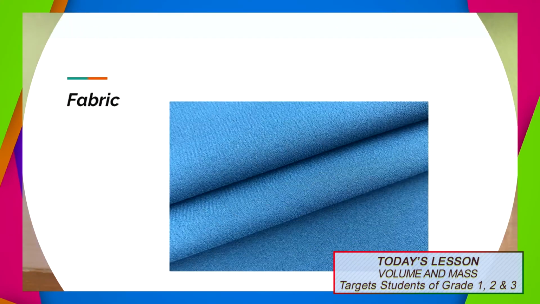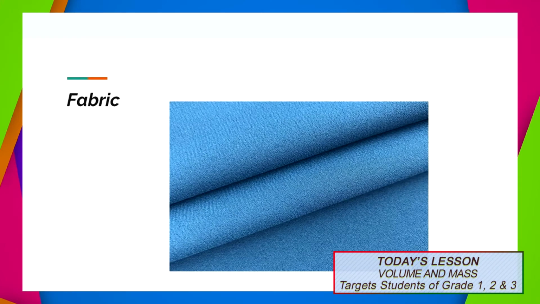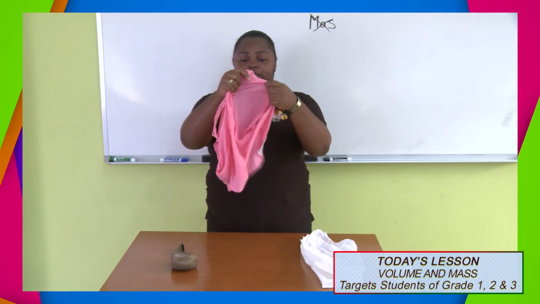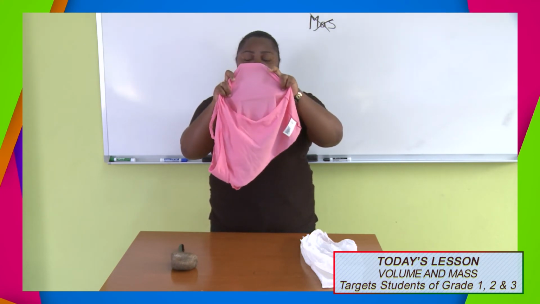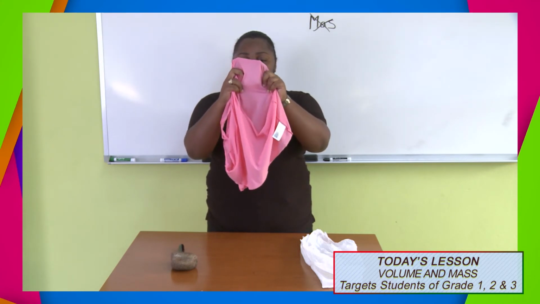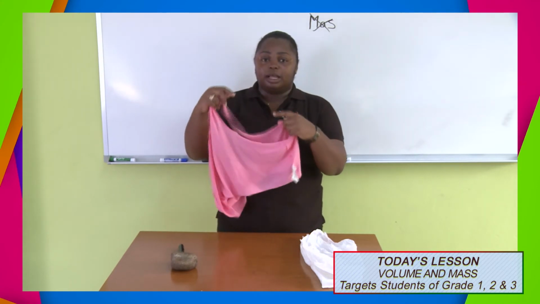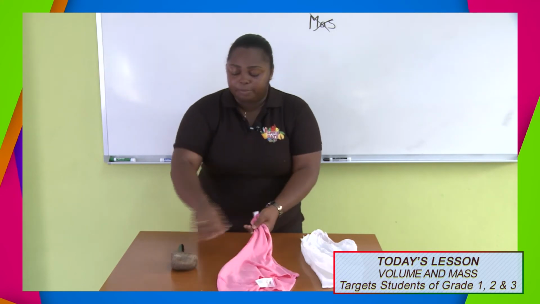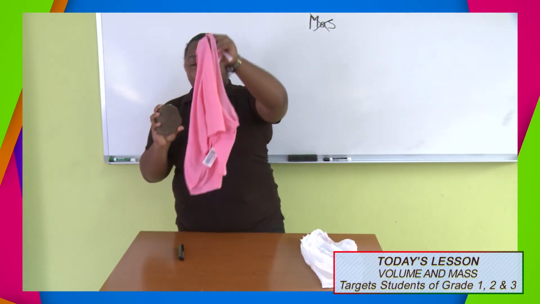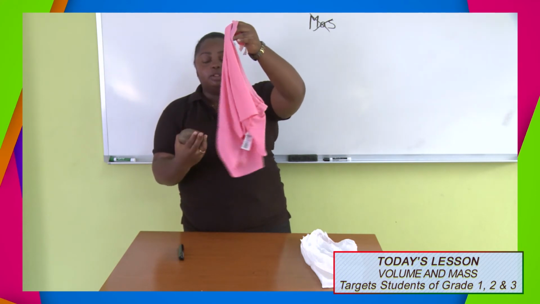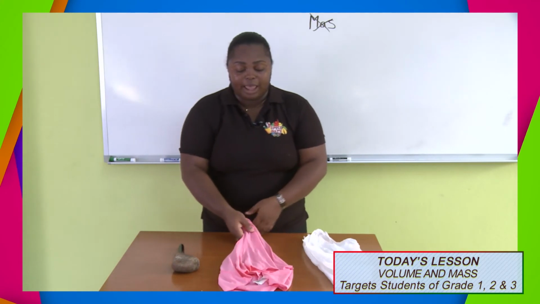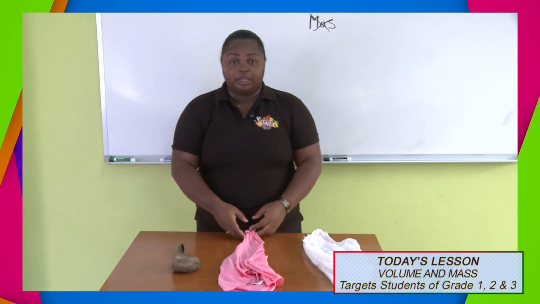On your screen, you can see a piece of fabric also. Now if you hold up a piece of fabric, you can see through it. Different fabrics are made differently. Some have larger air pockets than others. But when comparing it to the rock, the matter is loose in the fabric versus in the rock, which means the air can pass through it freely.